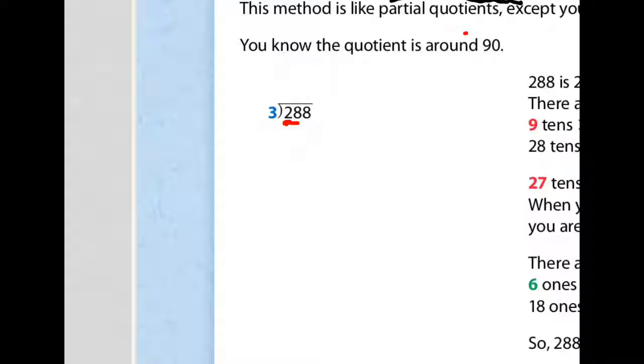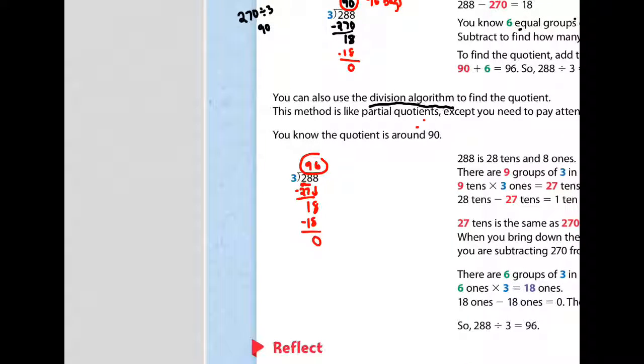So 3 goes into 28 9 times, which is 27. Every time you subtract in this method, you must bring down. And notice we have that 18 again. And 3 goes into 18 6 times, which is 18, subtract 0. And notice it's a lot like partial quotients when you think of it. You see a lot of the same numbers in the work when you look at both. I see those 18s, and so they're not that different when you think of it that way.